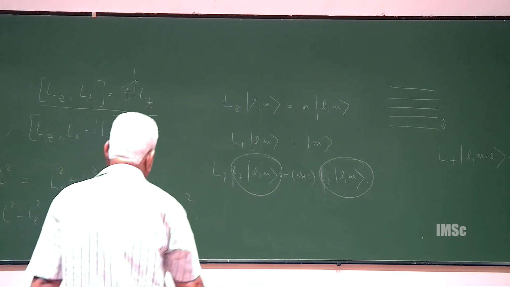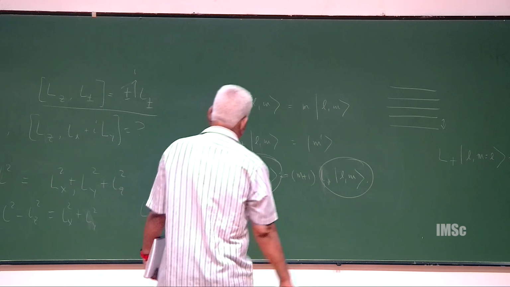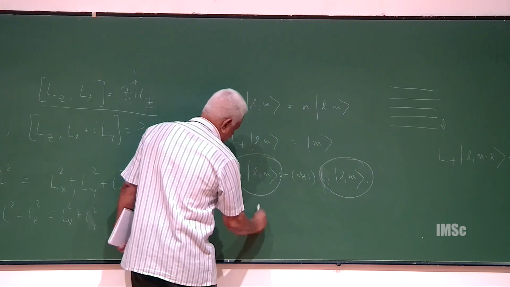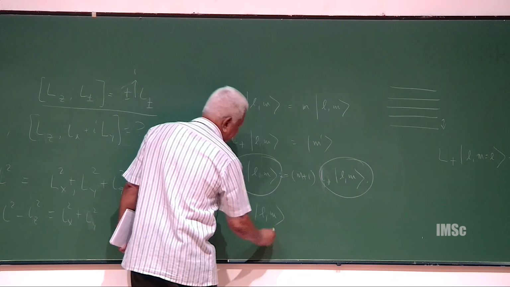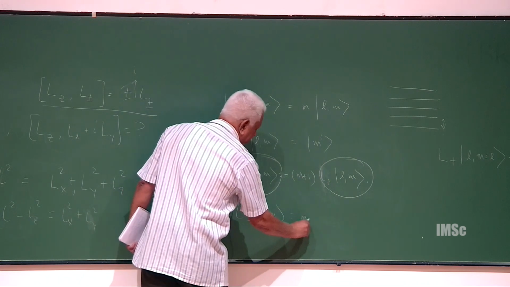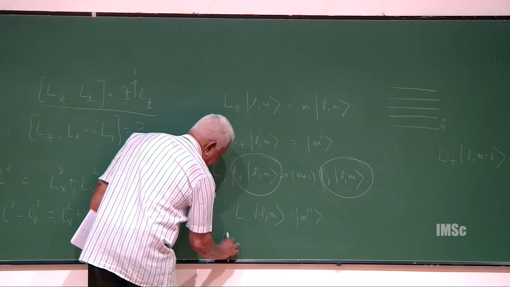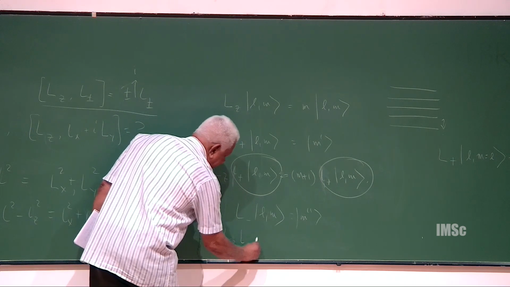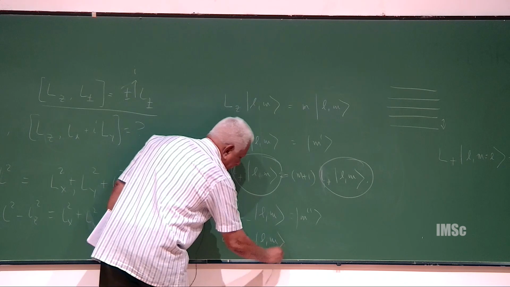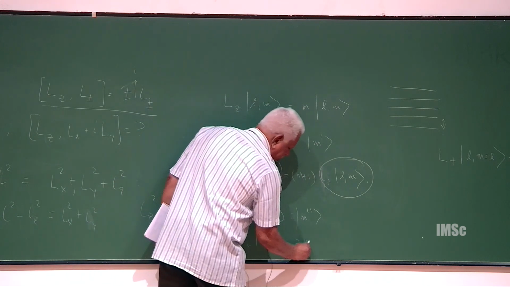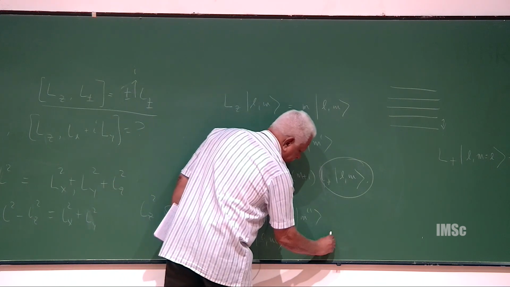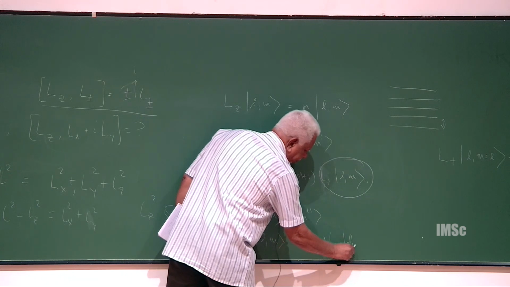Similarly, L minus acting on Lm will give you a new M double prime, and Lz acting on L minus Lm will be equal to M minus 1 times L minus Lm.